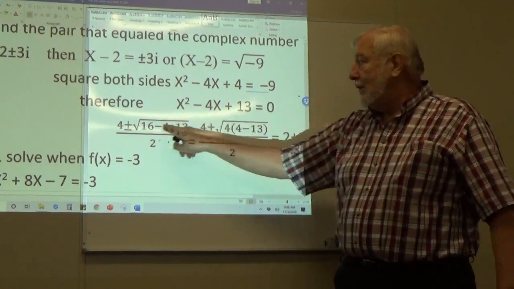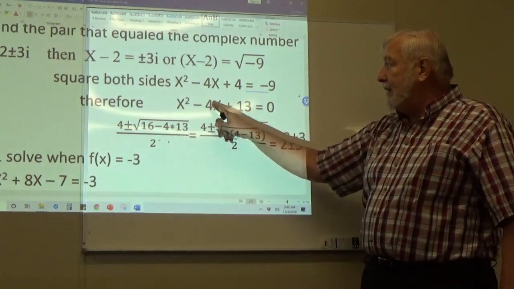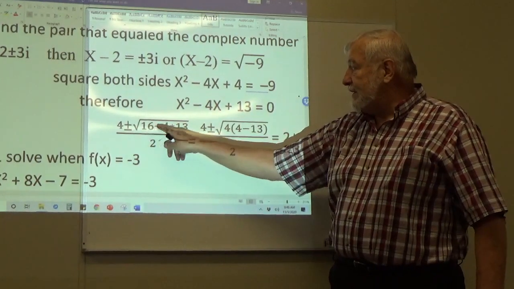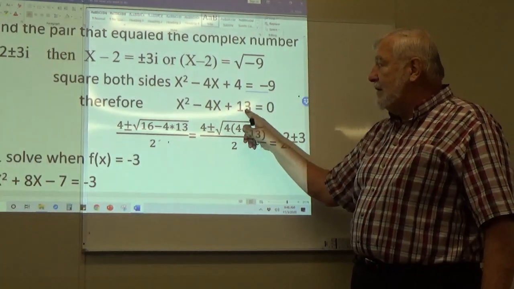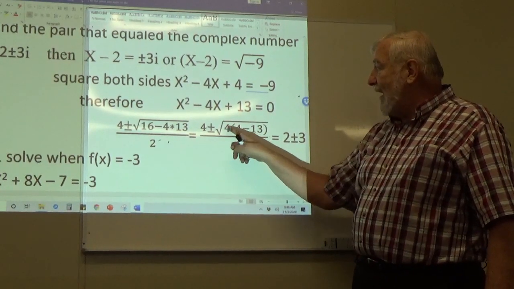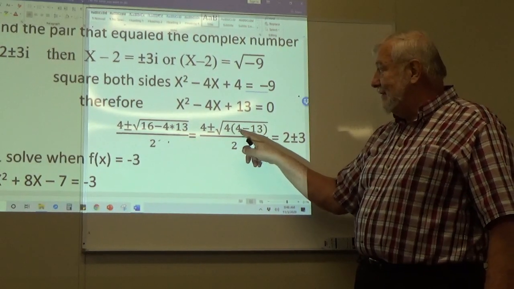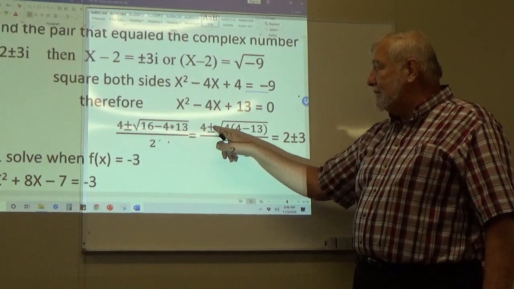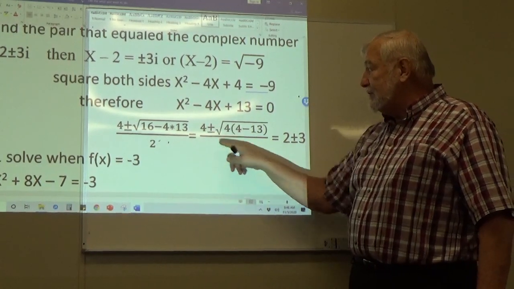Opposite of 4 plus or minus b squared, which is 16 minus 4 times 13. Right? I can factor a 4 out of this, and the square root of 4 becomes a 2 on the outside, so those are going to cancel.